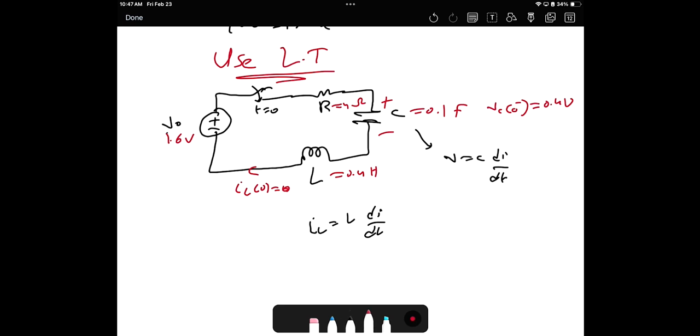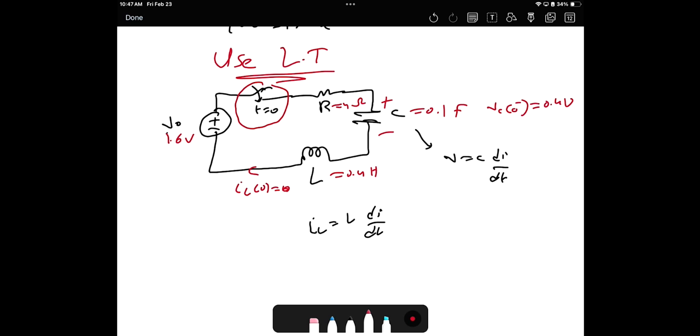But let's think about the switch. In order to apply Laplace transformation, we have a switch that opens at t equals 0. Before t equals 0, it will be 0, right? So the switch looks like what? Something that turns on at t equals 0.